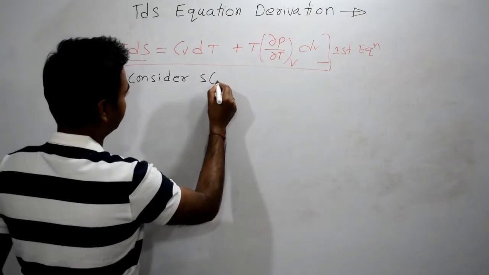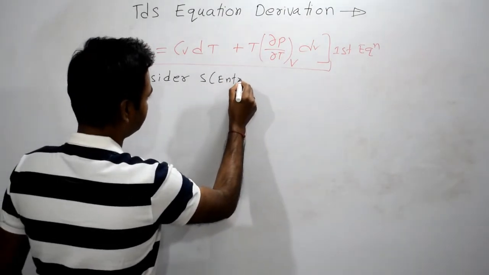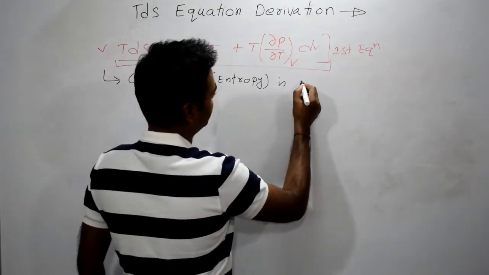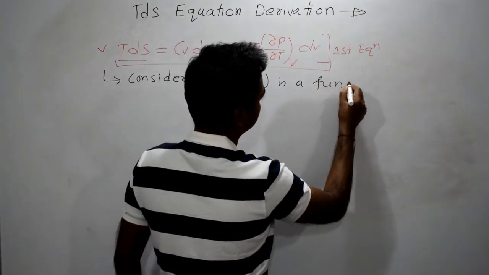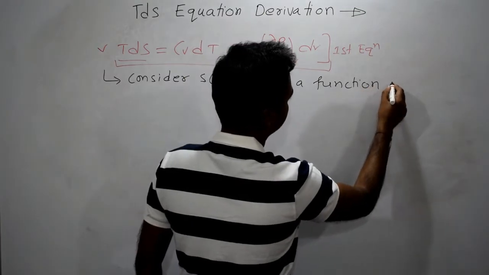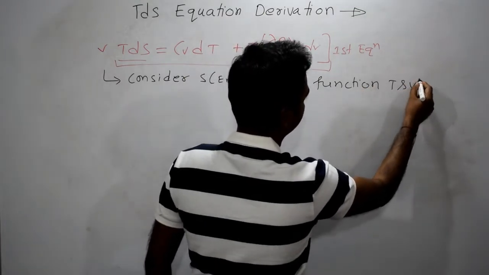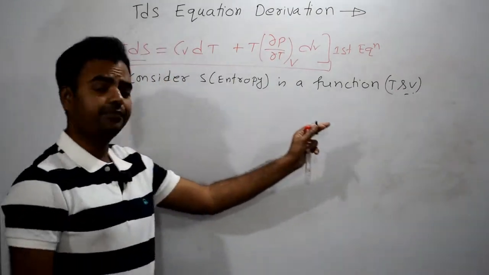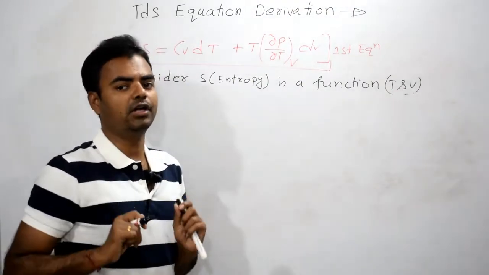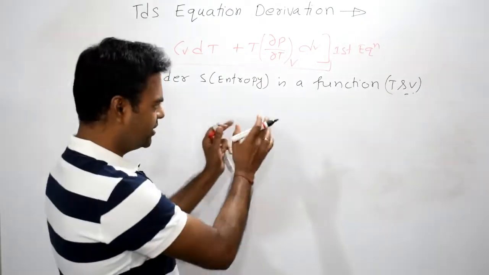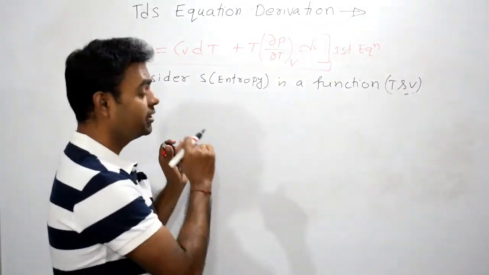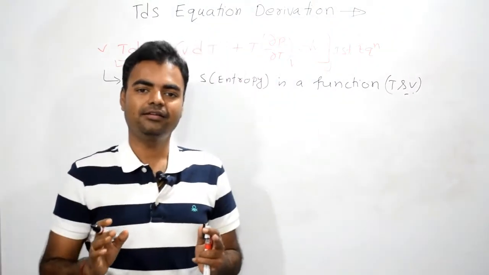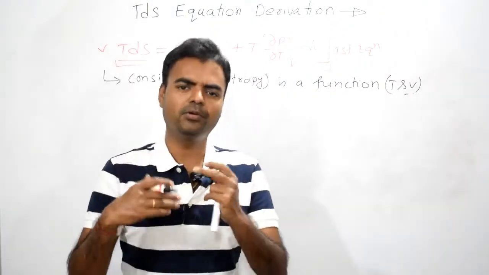Consider entropy, that is S, is a function of temperature and volume. So we are considering entropy is a function of temperature and volume. Therefore, based on this consideration, we can write a mathematical relation in the form of calculus.